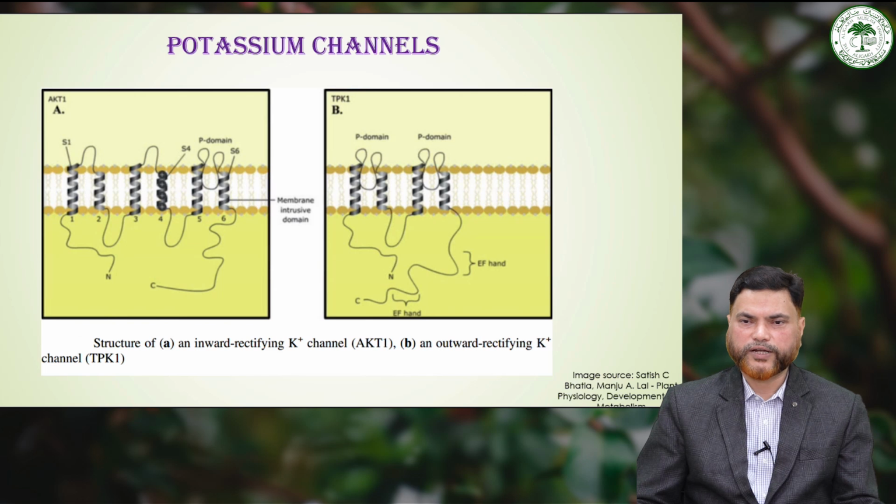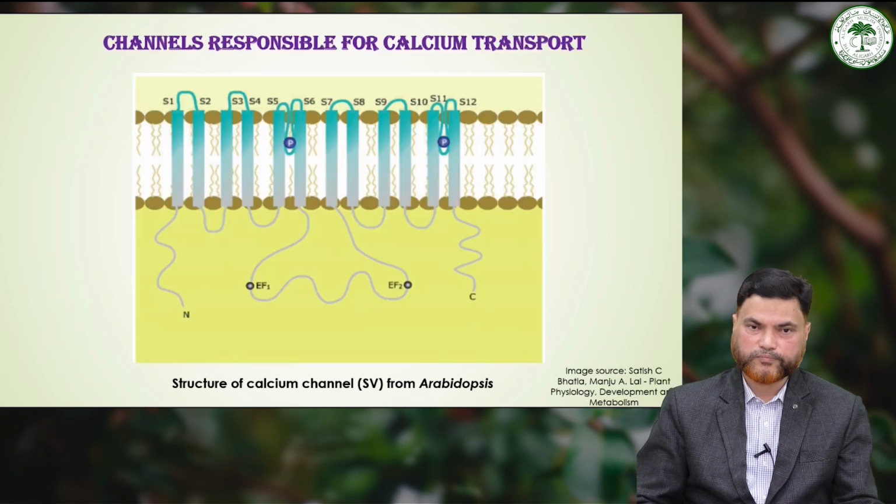Basically inward rectifying potassium channels, also known as potassium influx channels, are activated by membrane hyperpolarization, and activation of these channels in plant cells occurs with an increase in cytosolic calcium concentration, triggering activity of potassium efflux channels.